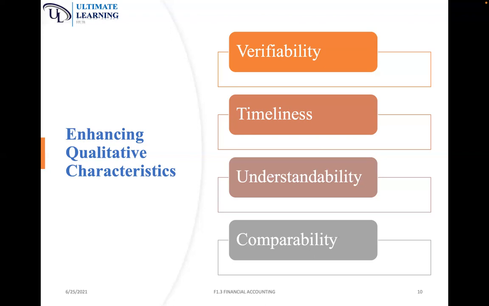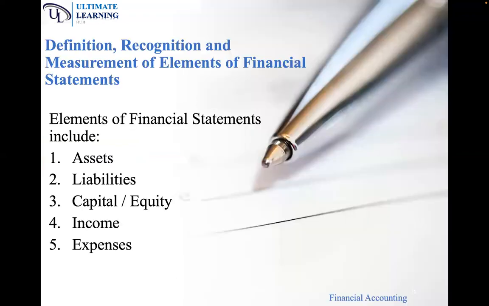In other words, we must be consistent in the way we present the information to enable us to compare one period to the other or one business entity to the other. The key point there: we must be consistent in application of accounting policies.